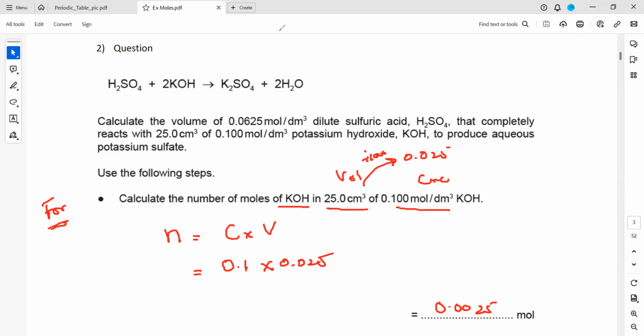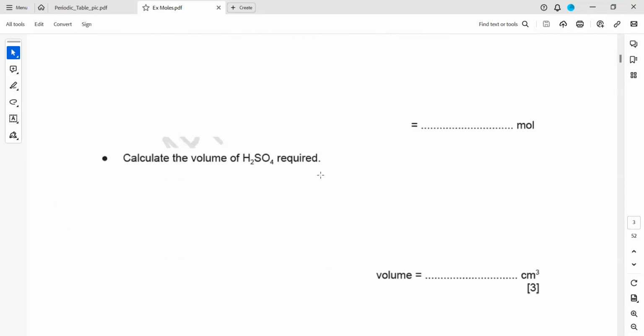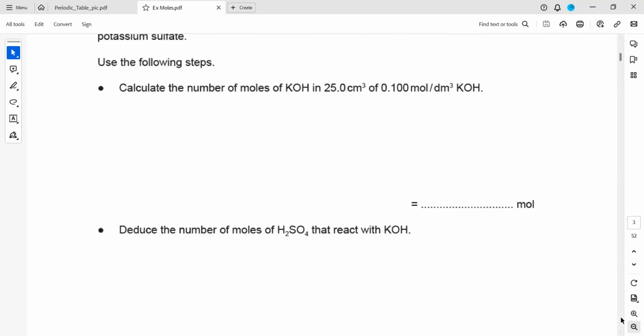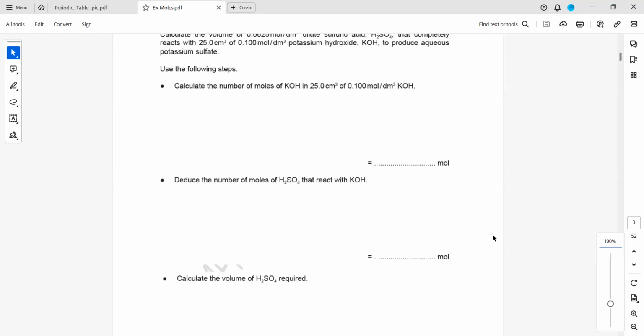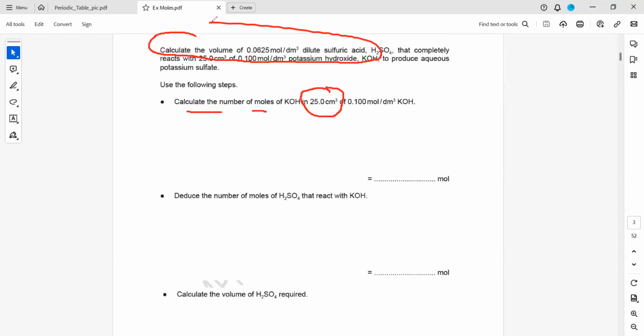Finding the volume of sulfuric acid is actually the last part, the final question, but to reach it you have to follow the steps.